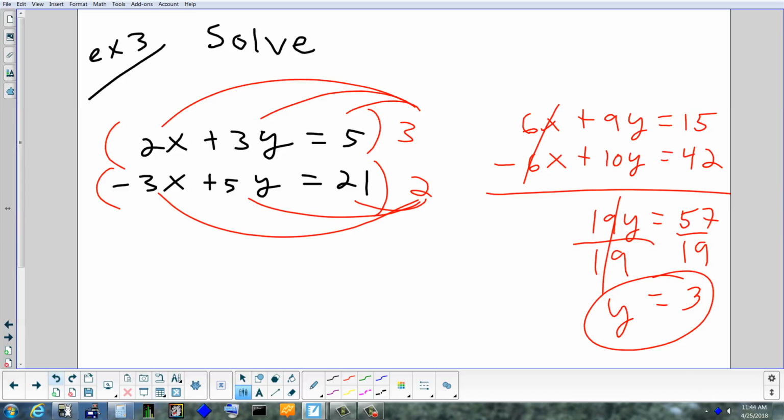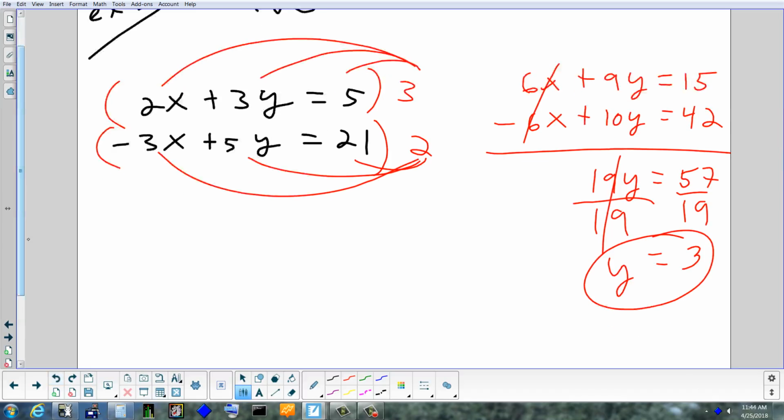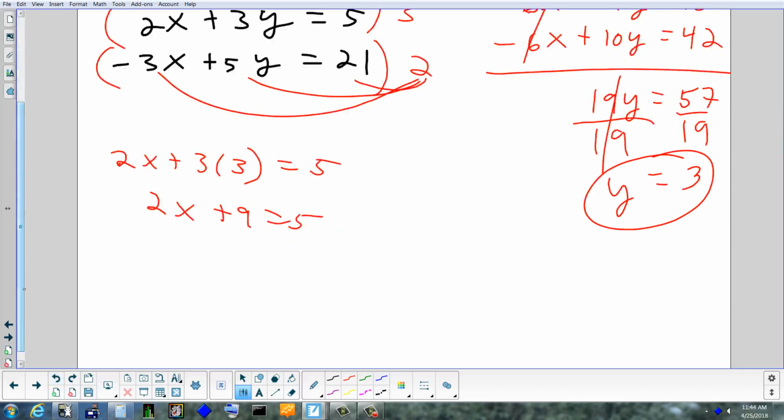Okay. All right, so now we take y, plug it back in. Which equation looks easier, top or bottom? Yeah, top. It's got smaller numbers. They're all positive. That's always good. So 2x plus 3y equals 5. 2x plus 9 equals 5.